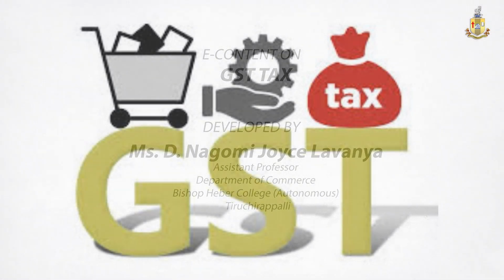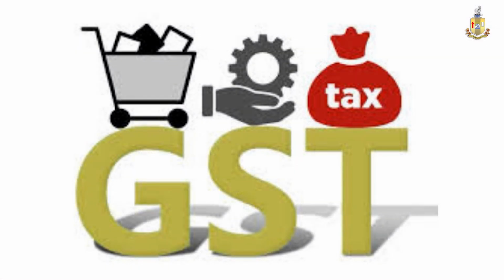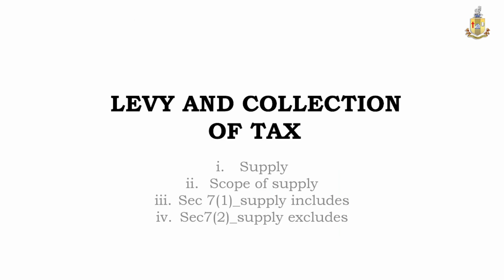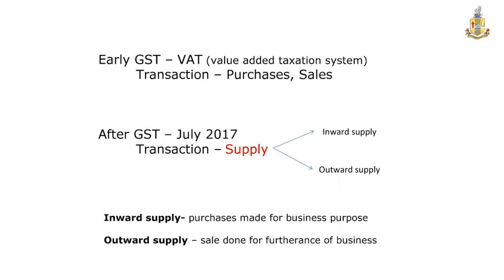Today we are going to see what is supply according to GST. Earlier, before GST, the VAT taxation system was used all over India. For VAT, transactions were called purchases tax and sales tax.